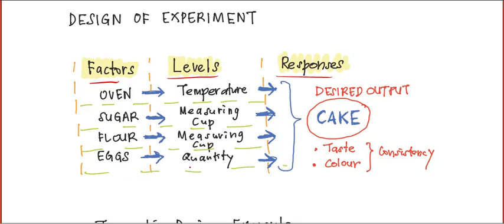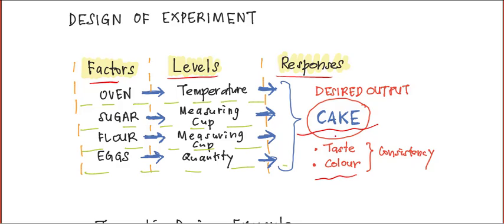And for the eggs, the number or quantity of eggs can be the levels of these factors. All of these factors, these levels of factors actually, or even the factors themselves, can be effective on the desired output, which is the quality of the cake, which can be taste or color.